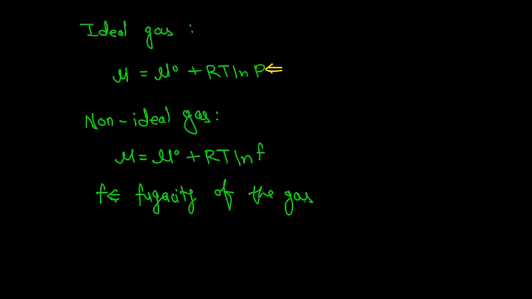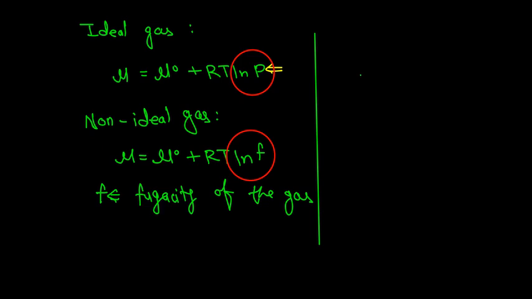And why have I proposed this quantity? So that the form of the equations here and here remain similar. For an ideal gas I simply need to know the pressure, whereas in case of a non-ideal gas I simply need to know the quantity called fugacity, and in the same expression μ equals μ⁰ plus RT ln P, instead of P I need to substitute f.